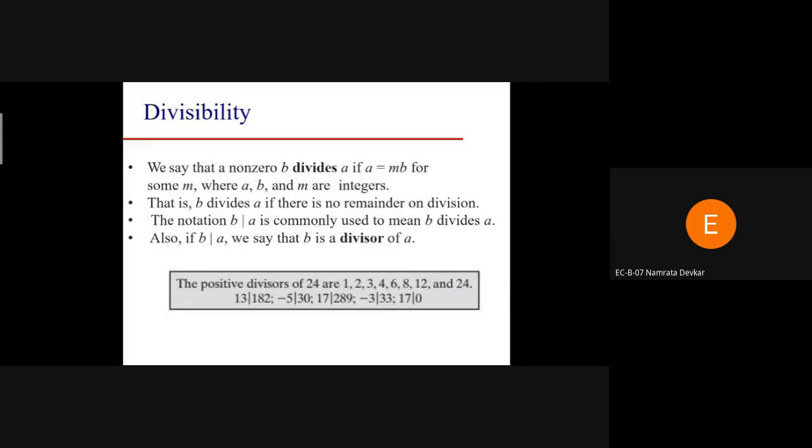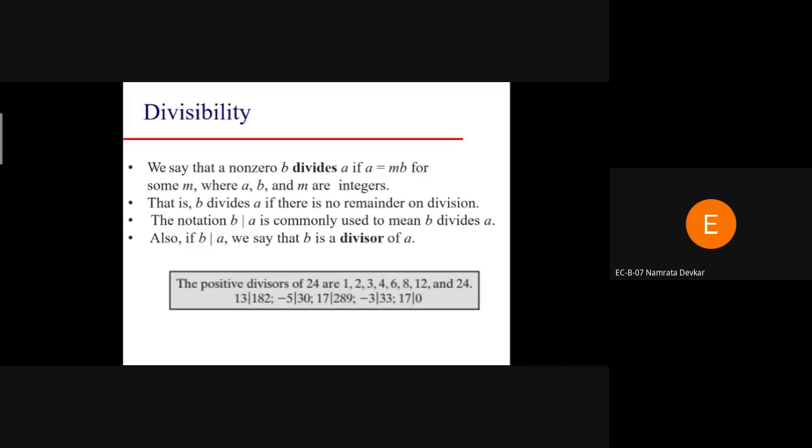We can take various integers and check the condition of divisibility. Here we take a positive integer, 24, and check from which numbers 24 can be divided.